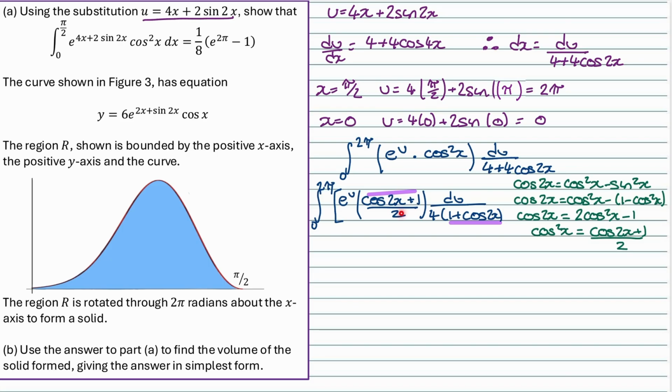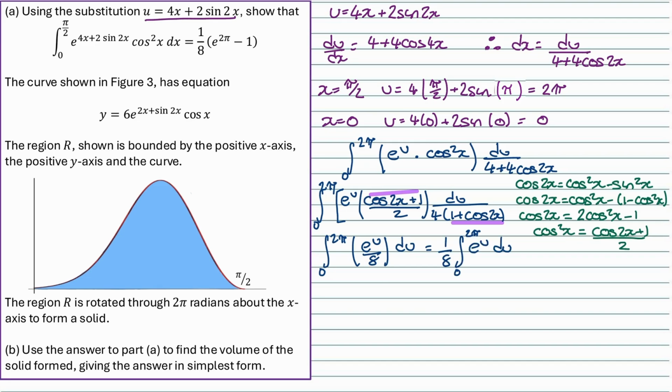We can also multiply this half by the quarter. So we get the integral of e to the u over 8 integrated with respect to u. And now we can move this 1/8 in front of our integral. So all we need to work out is the integral of e to the u with respect to u. When you integrate e to the u, we get e to the u.